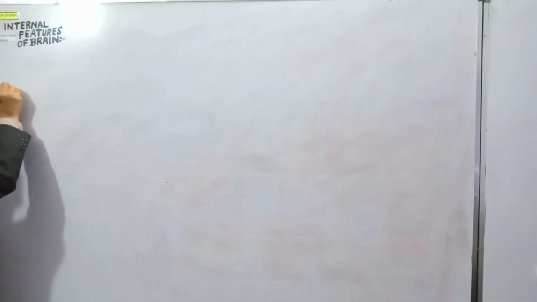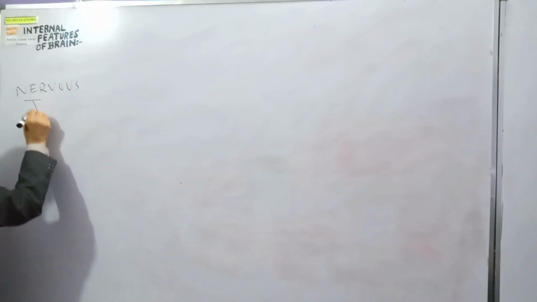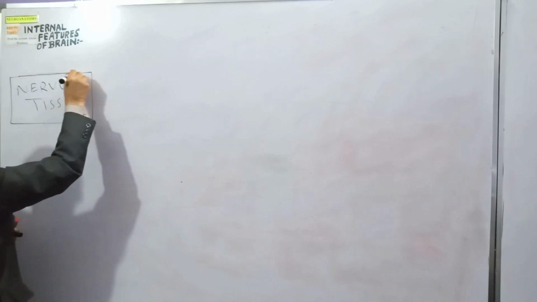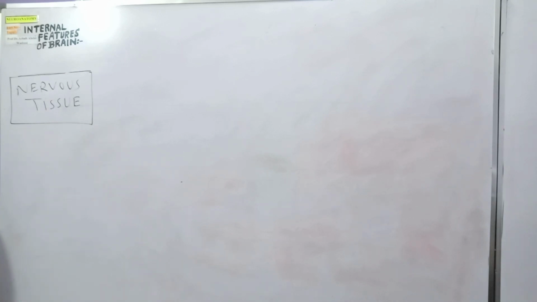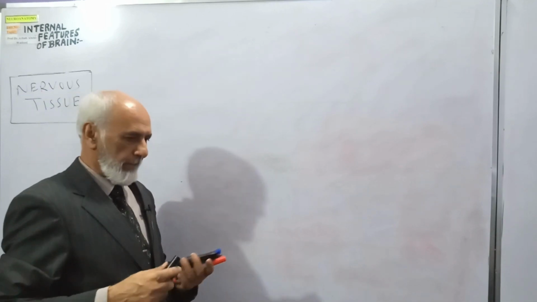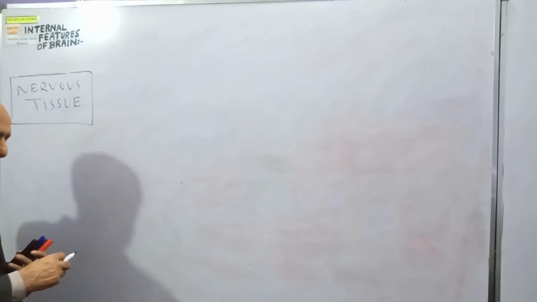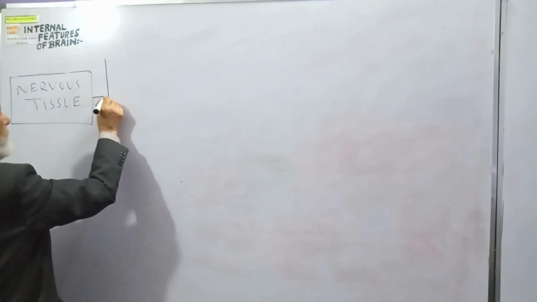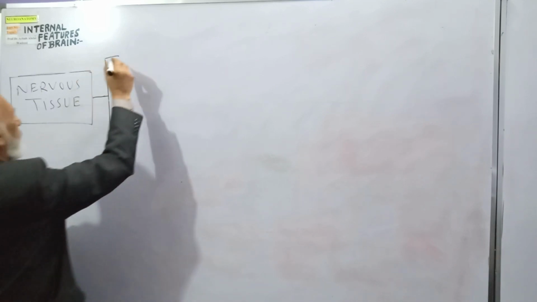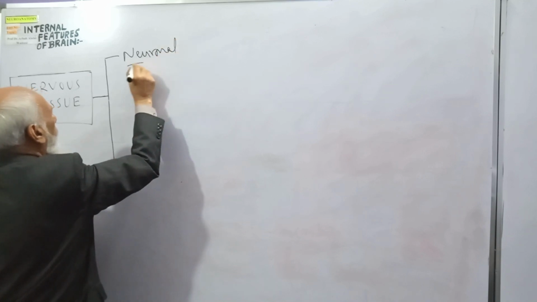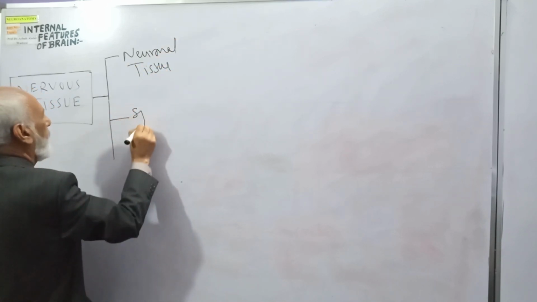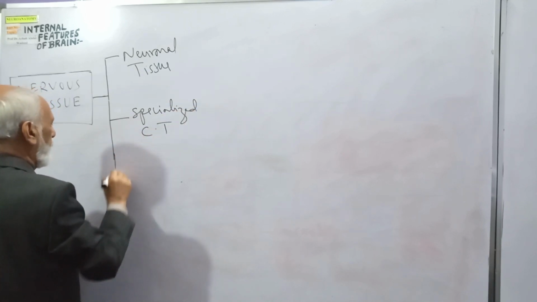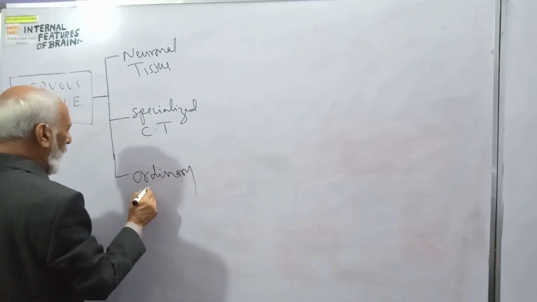Brain is made up of nervous tissue. Now the nervous tissue comprises of neuronal tissue, specialized connective tissue and ordinary connective tissue.